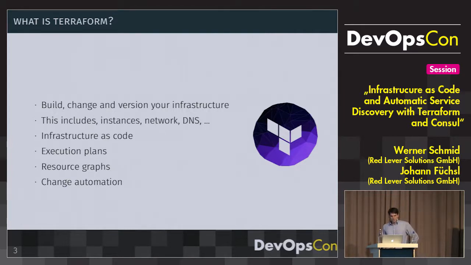What you also can do is, if you want to change something in your configuration, you can change this with Terraform. You just call the command and it says what instances or resources it wants to destroy, modify, or create.